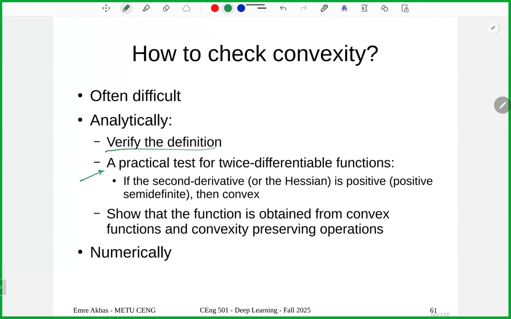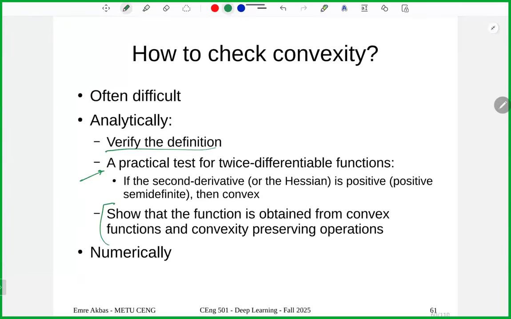If the loss function is twice differentiable, then you take its derivative twice. And if the resulting second derivative, or Hessian if it's multidimensional, is positive or positive semi-definite, then it is convex. But this is also, again, maybe not very easy.